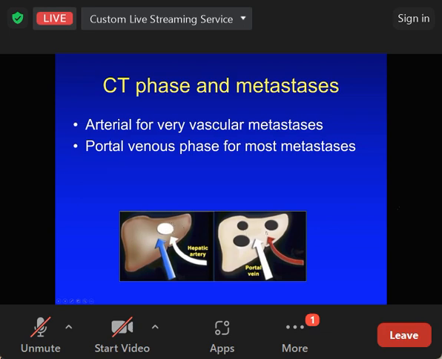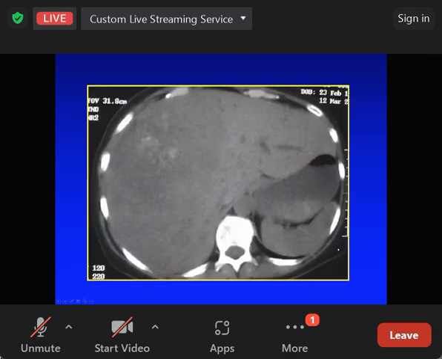But here on the right, we've got the portal venous phase, and these are lesions which don't have a portal venous blood supply. They might have a hepatic artery supply, but see how easy it is to see them in the portal venous phase because they are negative filling defects, if you like.